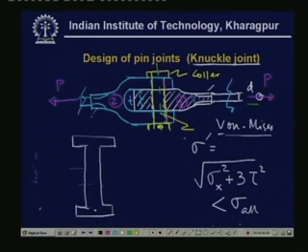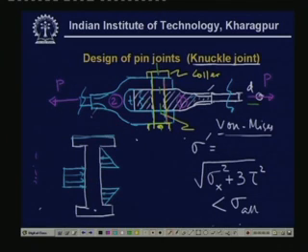Here we have a uniform distribution in the middle part, but at the ends we sometimes take a triangular distribution. This is one kind of distribution.